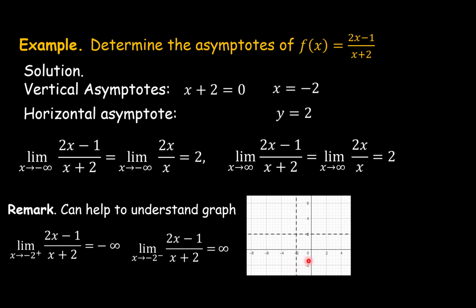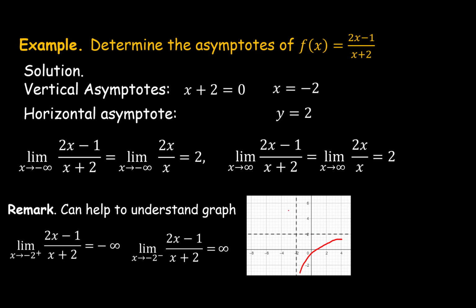Then the limit as x goes to infinity is equal to 2, so we're talking about the graph near y equals 2. So the graph should start from around here and then approach 2 as x goes to infinity. Therefore, the graph should roughly look like this.